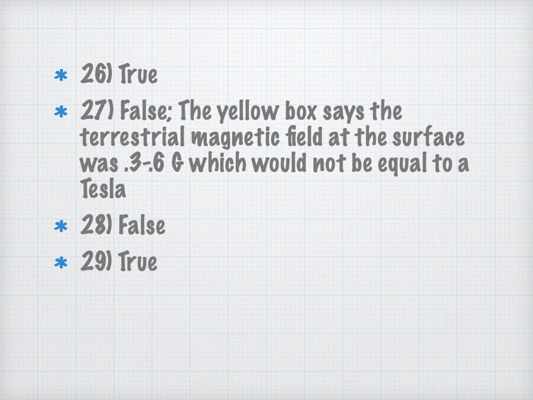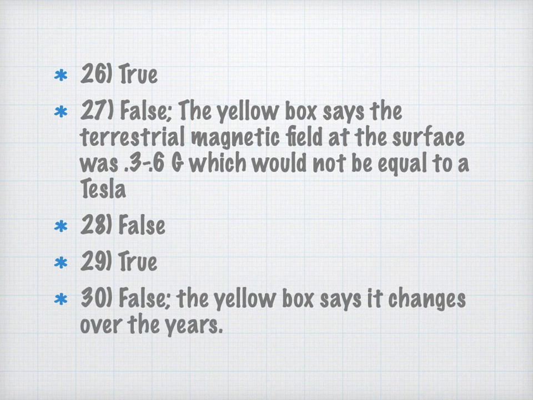Remember the idea of domains. They have to have magnetic moments, but they also have to be lined up. So that's true. And number 30, magnetic declination over the surface of the Earth is relatively constant from one decade to the next. And that's not true. It does actually change over the years.